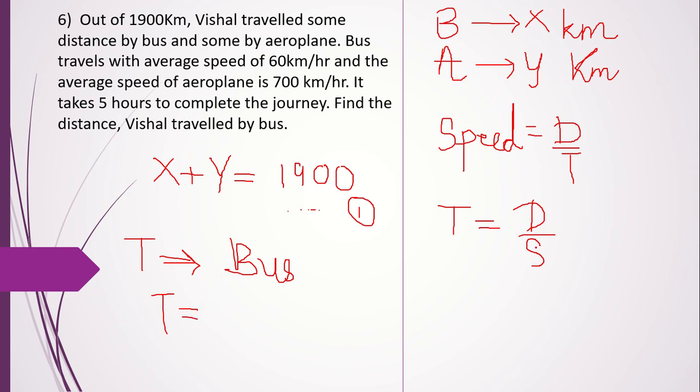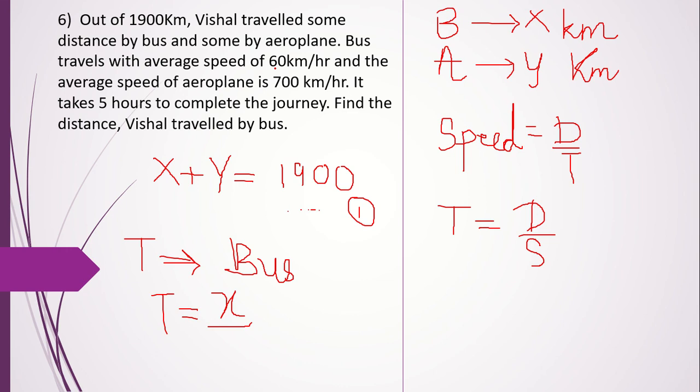Time is distance upon speed. He traveled x kilometers, so distance is x. And how much time did he take? Time is distance upon speed.